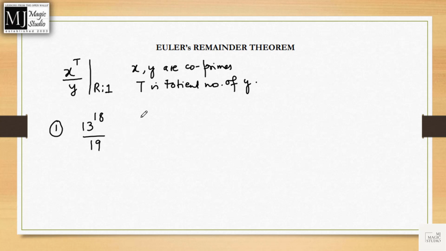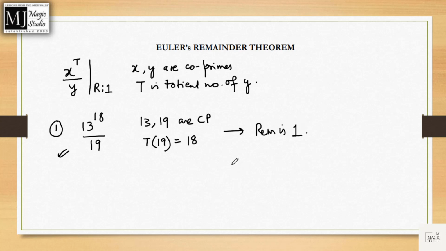What is the remainder? We can see first of all that 13 and 19 are coprimes and 19 is a prime number. That means the Totient number of 19 is 19 minus 1, 18. That means this particular thing fits in with Euler's theorem. Straight away we can say that the remainder is 1.